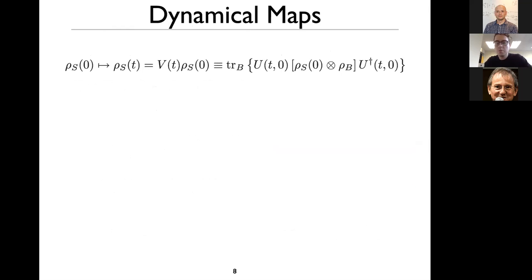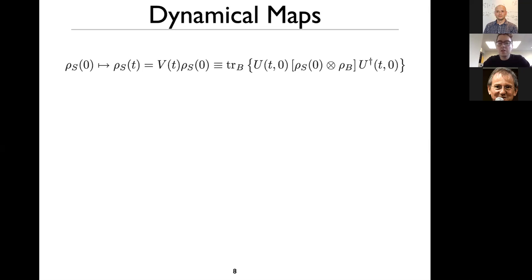The starting point to simplify the formalism is to introduce the concept of a so-called dynamical map. Suppose that we have a system plus environment, S plus B, that is, the total state of our system plus environment.